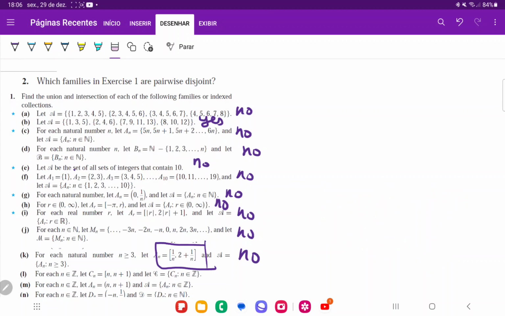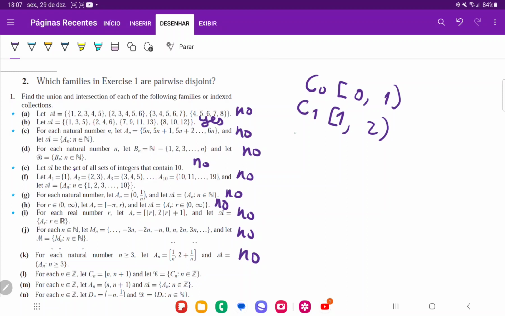The next one is going to be L. So let's take a look at it. For each n belonging to Z, C0 is going to begin at 0 and then end at 1 excluded. And then C1 is going to begin at 1 and then end at 2 excluded.